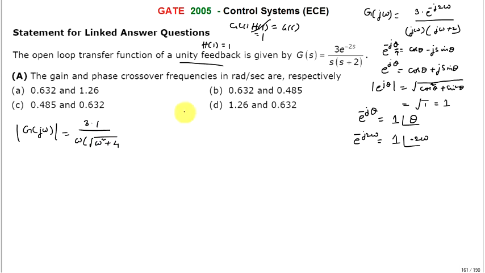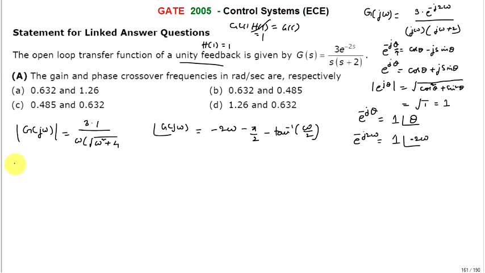This is the magnitude. The phase angle is minus 2 omega from e^(-j2 omega); 3 doesn't matter. The j omega in the denominator is a pole at origin, which contributes 90 degrees; since it is in the denominator, it becomes minus pi by 2, that is minus 90 degrees, minus tan inverse omega by 2. These are the phase angle and gain equations for the given G(j omega).